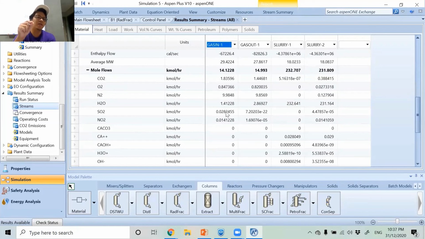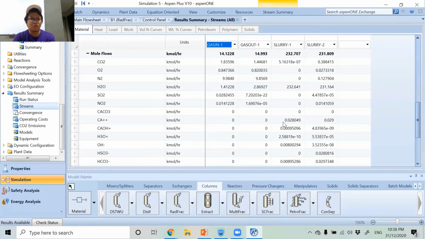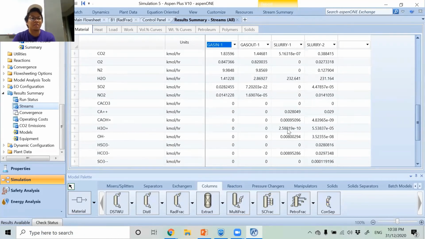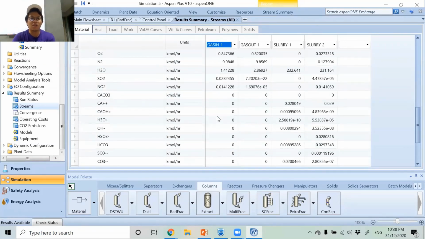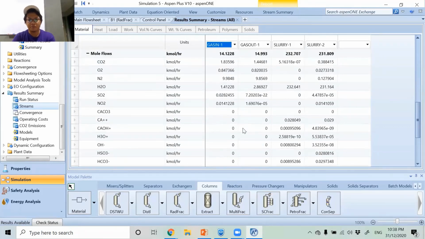So if you divide 0.029 by 0.028, you will get 1.04, which is my calcium over sulfur ratio. And then if you see here, all of my calcium carbonate becomes 0 because all of it is dissociated into the respective ions. And as I mentioned, I use a two-component approach, meaning that they will report the flow rate of each of the ions that are present in the solution.